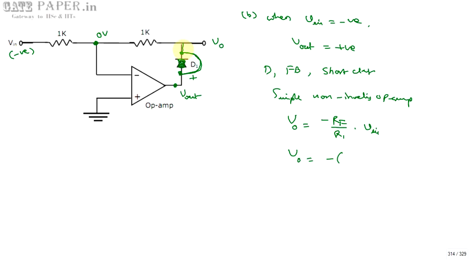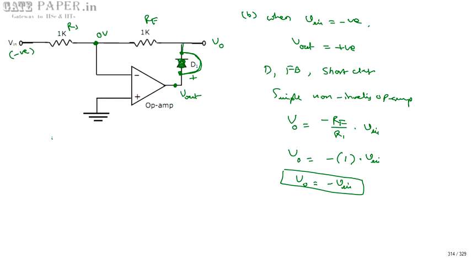Since both are the same, this is RF and it is R1, both the same 1 kilo ohm resistors, what you are getting is 1 into V input. So V0 is equal to minus V input. The output is the same as the input, but the polarity gets opposite. If V input is negative, at that time V naught is positive.